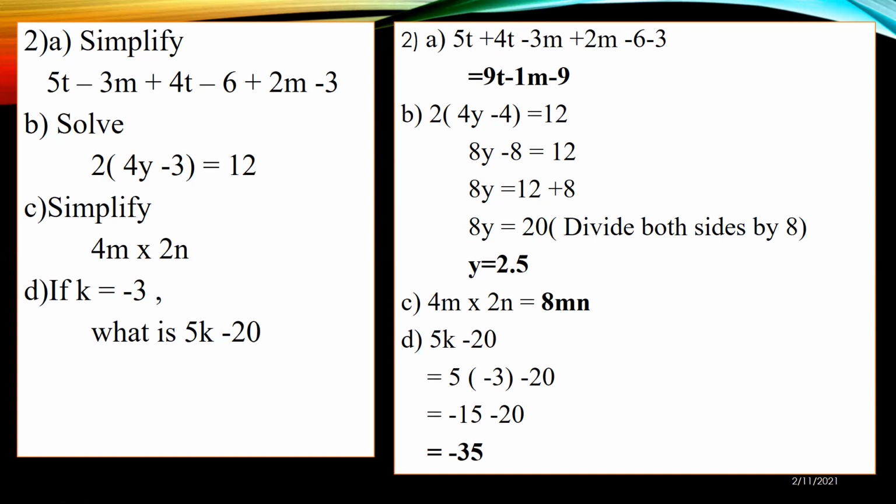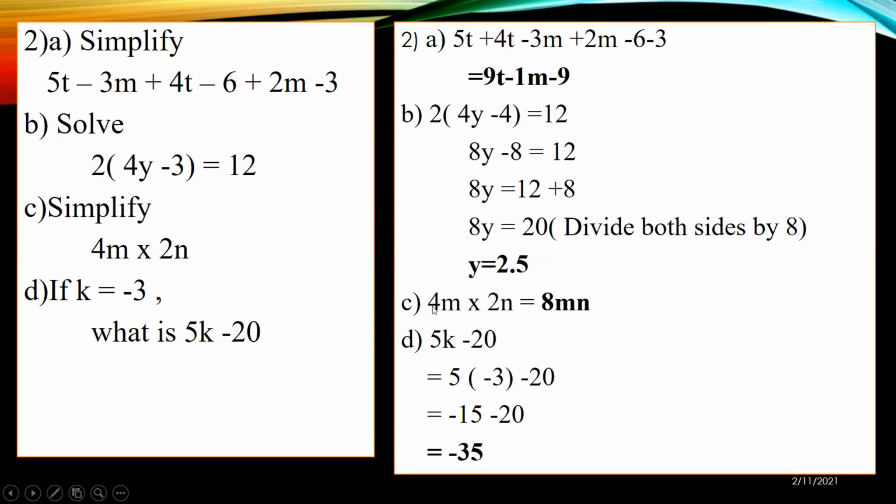So I have to take this -8 to the other side as +8. Then my next step is 8y equals 12 plus 8. 12 plus 8 is 20. I want to find the value of y. Therefore, you divide both sides by 8. Then y equals 2.5.